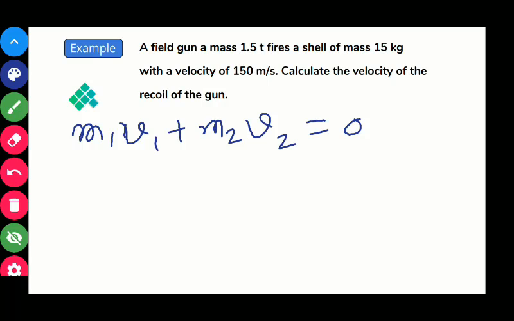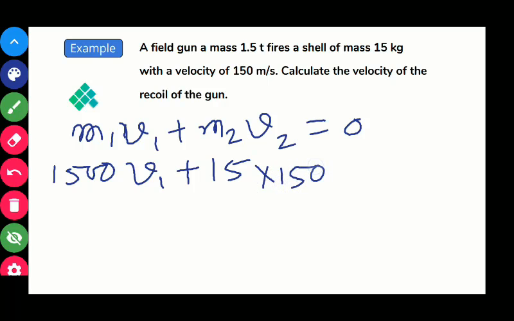So the mass of the gun was 1500 and v1 will remain the same. Mass of the bullet is 15 kg and the velocity of the bullet is 150 meter per second. That is given here. This is the mass of the bullet. This is the velocity of the bullet. We have just substituted all of the values in that mathematical expression, and that equals 0.